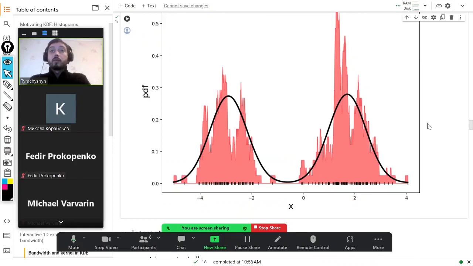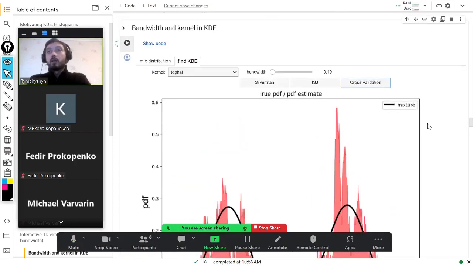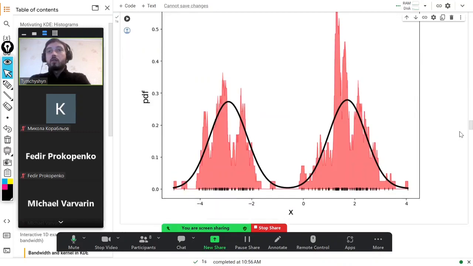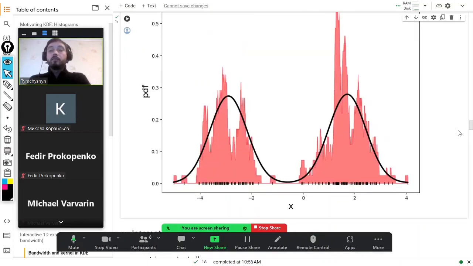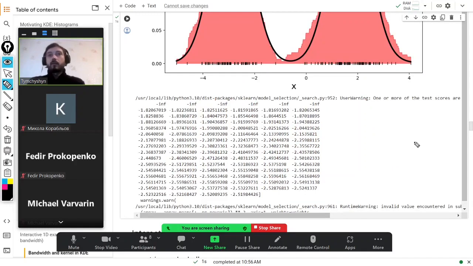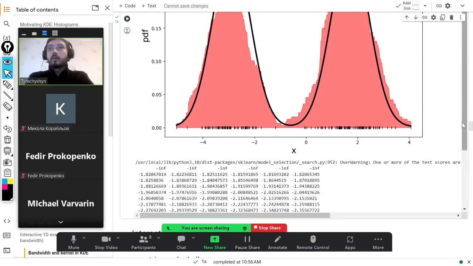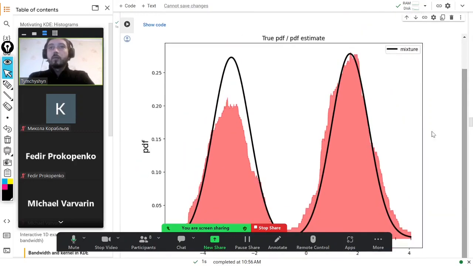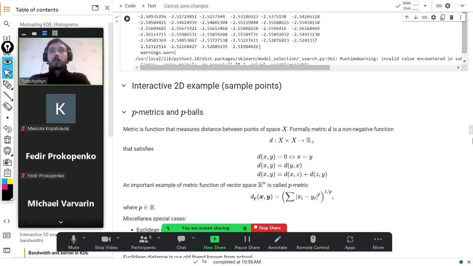Looks not so good, but well, ISG was overfitting anyway. Let's try cross-validation. Wow, seems like something went wrong, but anyway, it created a picture for us, and here it is. So it looks more or less like what we can expect.